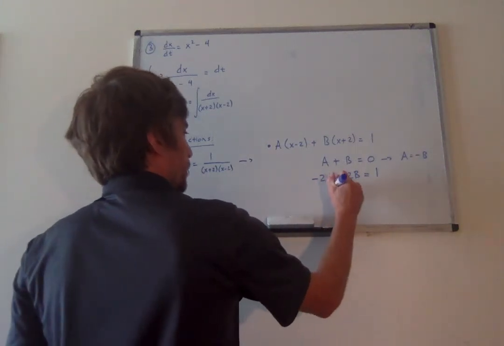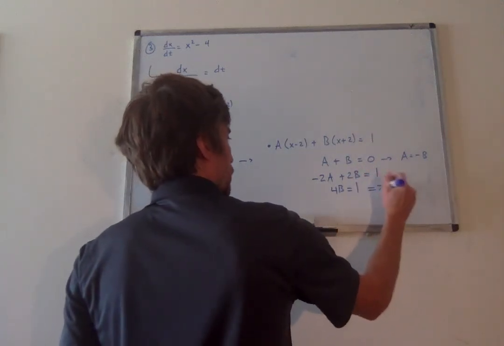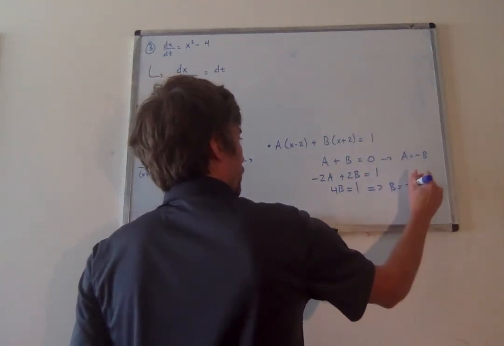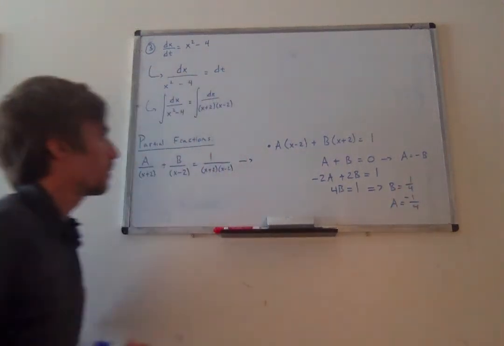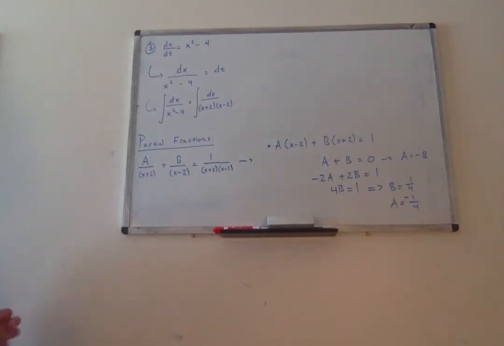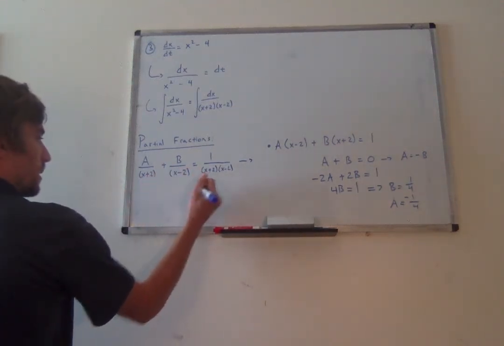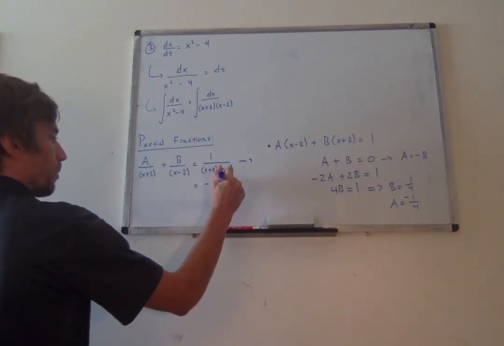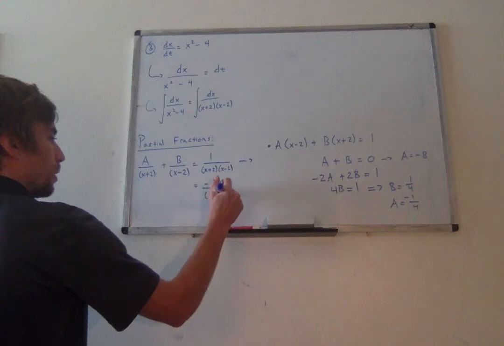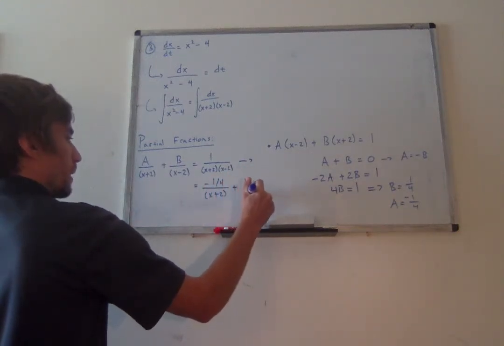So this means 4b is equal to 1, which implies b is equal to 1/4 and a is equal to negative 1/4. And that should work out. Yes. So we know that this is equal to negative 1/4 over x plus 2 plus 1/4 over x minus 2.